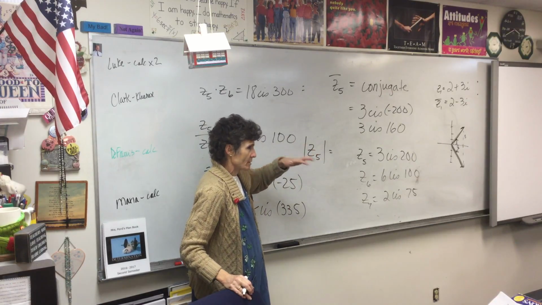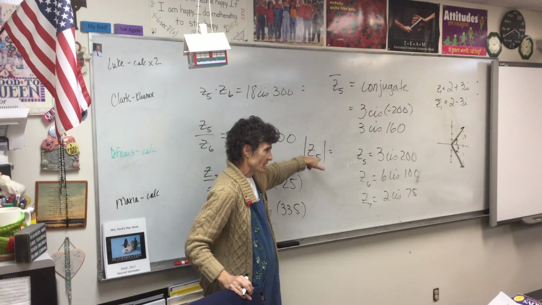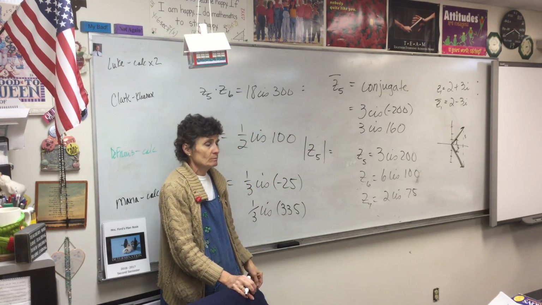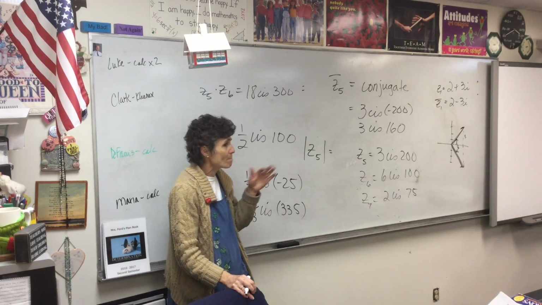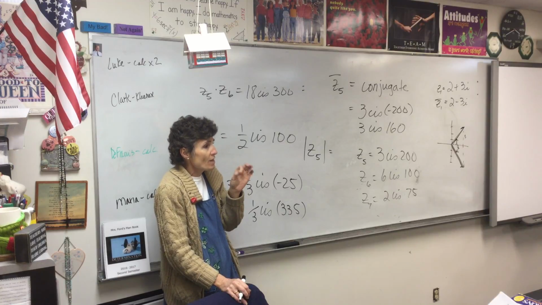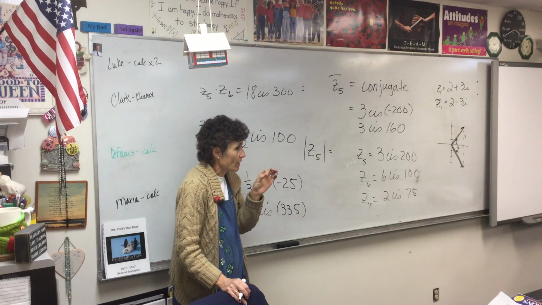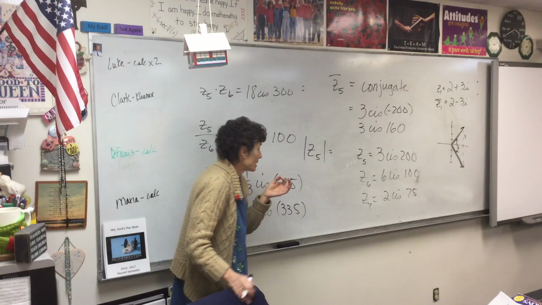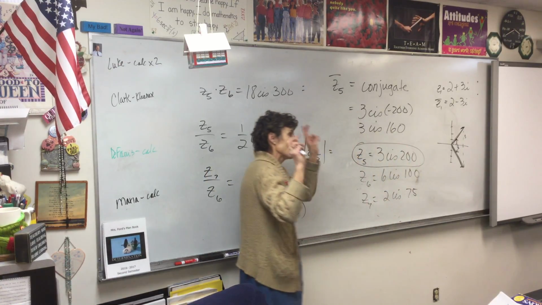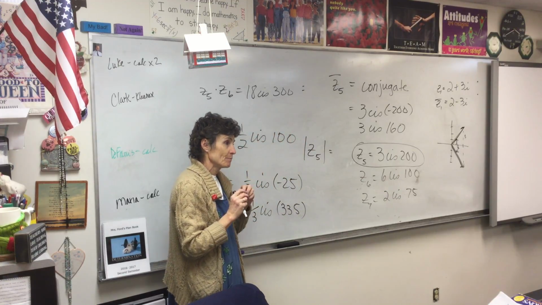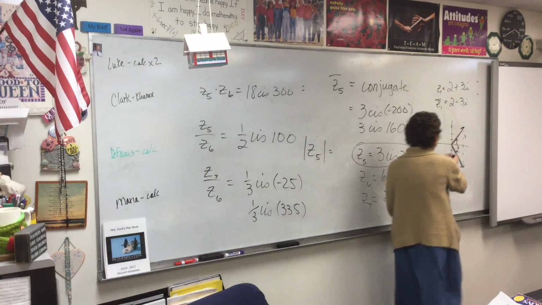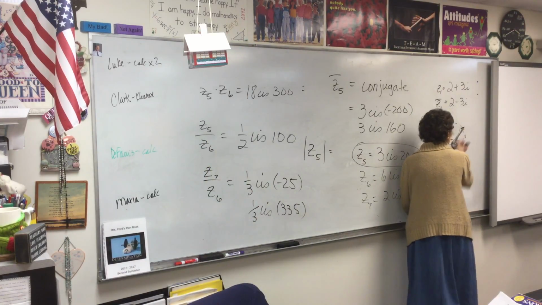Now, we're used to this notation because we used it in vector land. What did that notation mean? Okay, it looks like absolute value, but that's not what it meant. It meant magnitude. It meant if you drew the number or drew the vector, how long would it be? So think about this number right here. What would its magnitude be? 3. Yes. Why? Because isn't R the same as the magnitude?